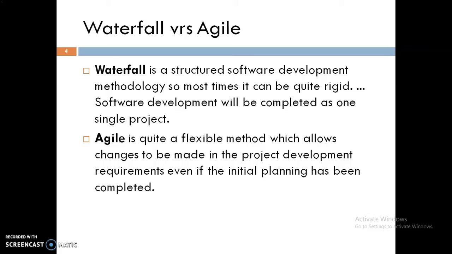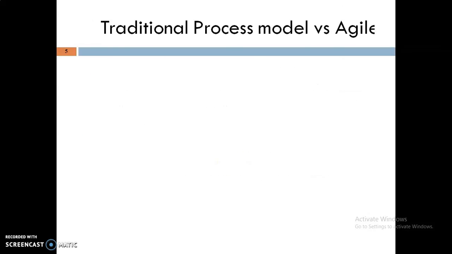But agile is quite a flexible method which allows changes to be made in the project development requirements even if the initial planning has been completed. So flexibility is there in agile software development.